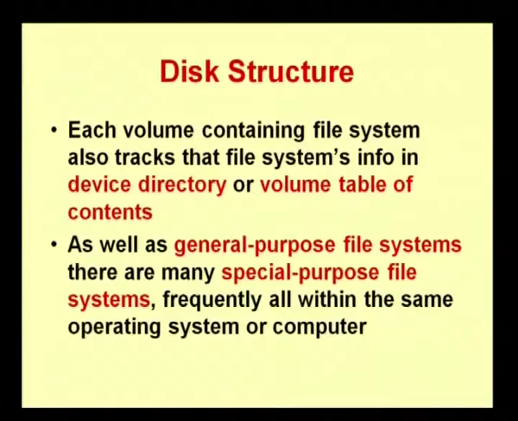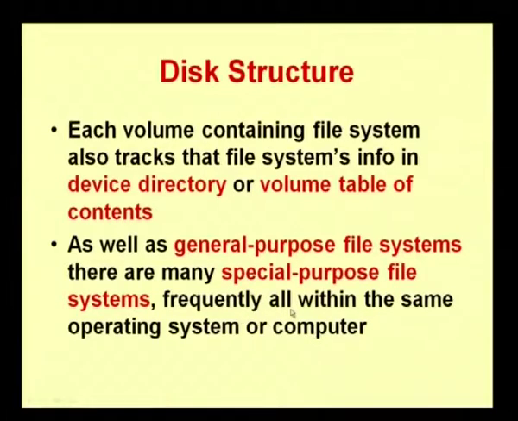Now each volume contains a file system, and it also tracks that file system info in the device directory or volume table of contents, which is also called a VTOC. As well, the file system is classified into two groups. One is called a general purpose file system, the other one is called a special purpose file system.